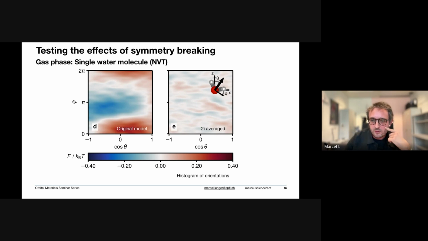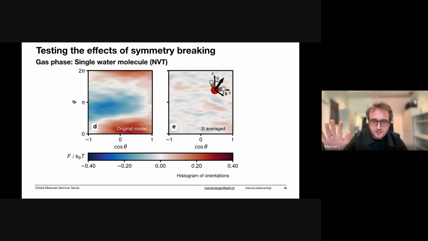And you see that for the original unaveraged model, there's a clear preferential orientation that it has over these 10 nanoseconds of MD. So there is an anisotropy in our system now because we've broken this rotational symmetry. And this is clearly a signature of this broken symmetry. Whereas for the averaged model, it's absolutely flat.